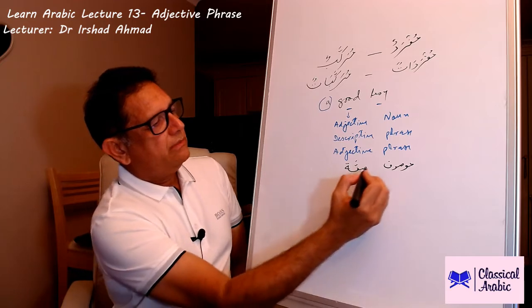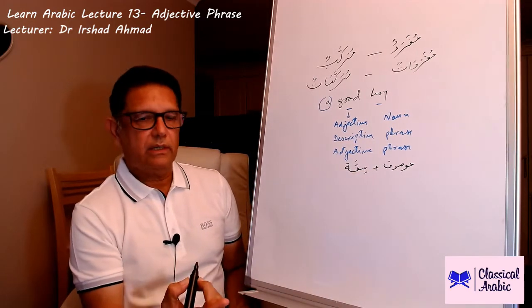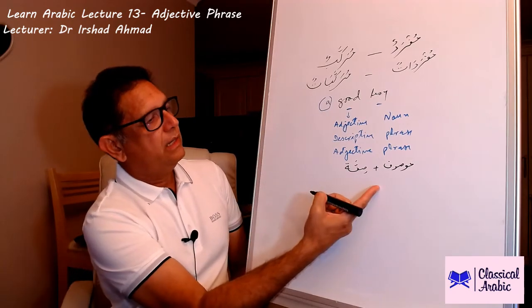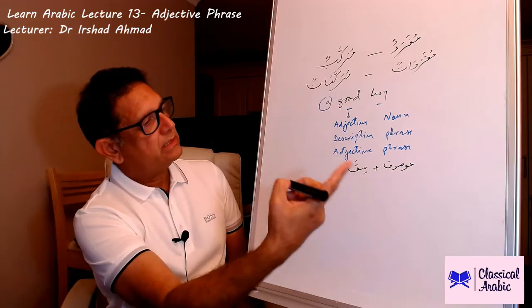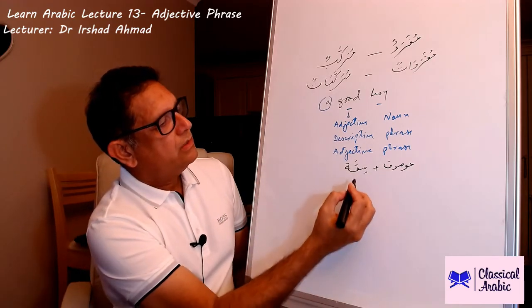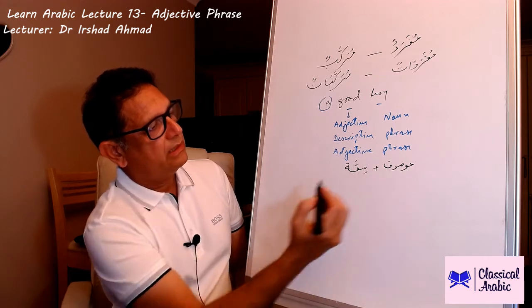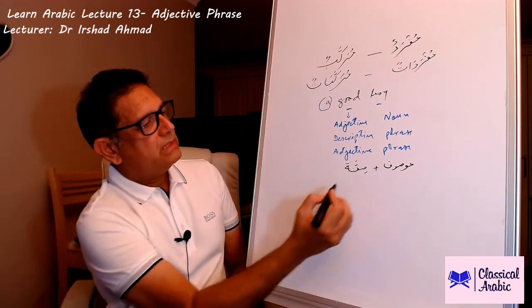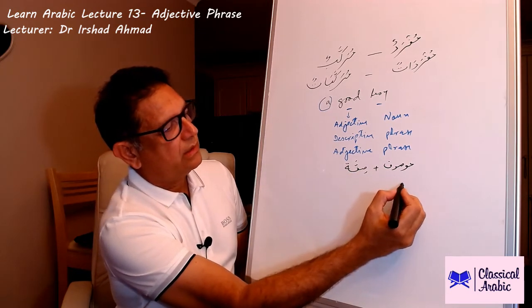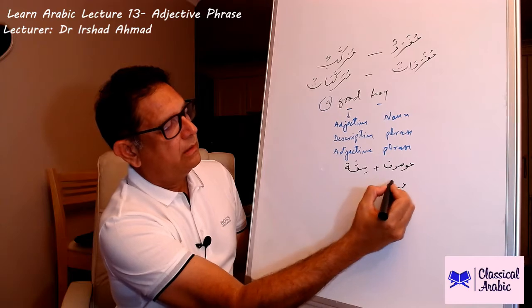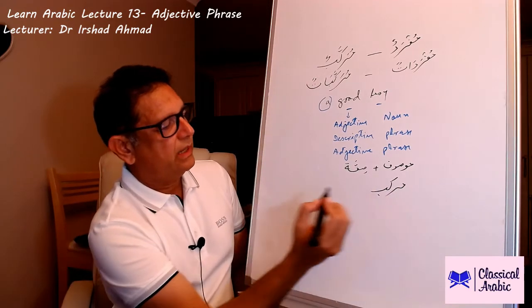So a combination of sifa plus mawsuf makes a murakkab in Arabic, which is the translation of phrase. Sifa and mawsuf combine to make a murakkab, which is a combination, a compilation of words together.